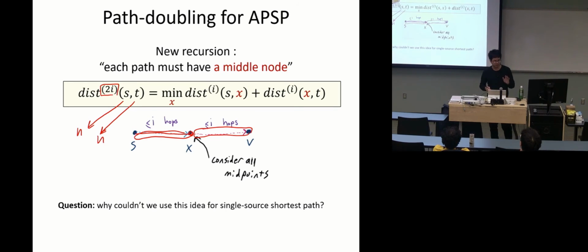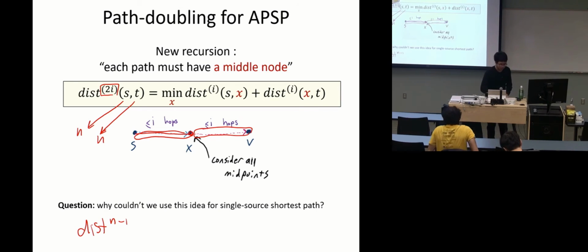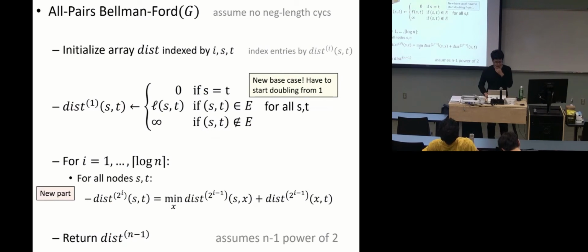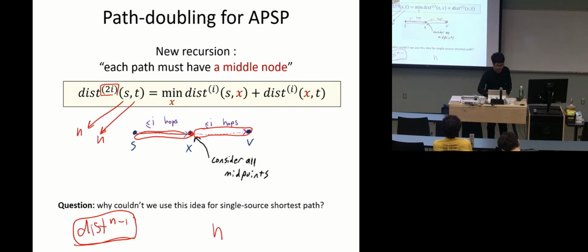The point is that the range of i is just log n many values that we need, because what we need is n or n minus 1, but we can double i. We just keep doubling i, so do this log n times, and you're going to reach this already. So that's why the total number of subproblems is just n squared log n.